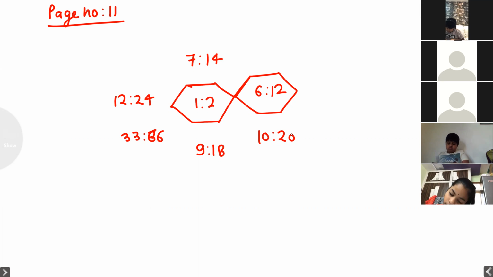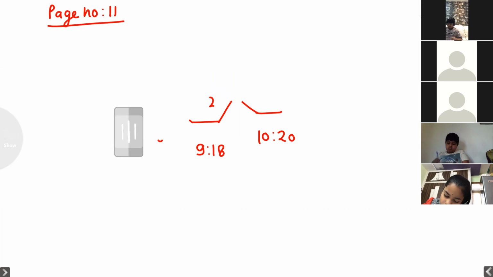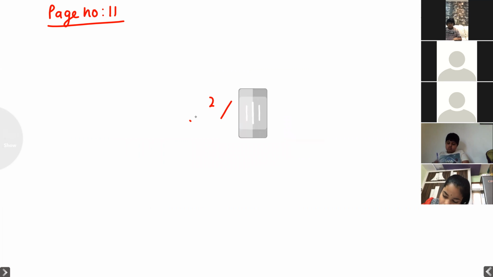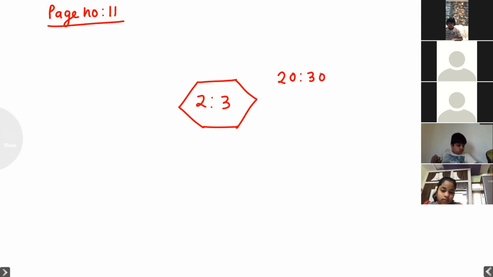Like that, you have to search second box. 2:3 is there. 2:3 is equivalent to which ratio? We have to search the answer. First answer is 20:30. We will simplify, same answer will become.